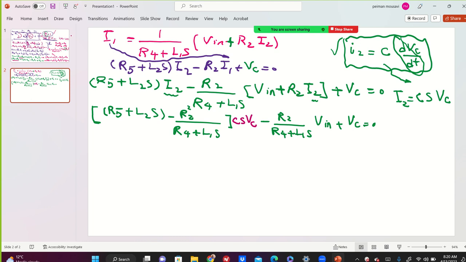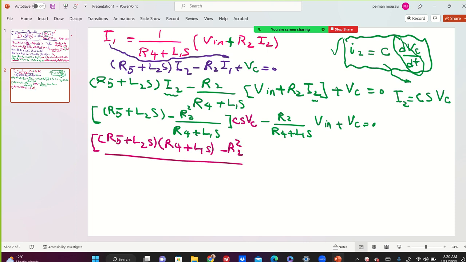So having that, now if I do this, let me first do this. So you're going to have R5 plus L2S multiplied by R4 plus L1S minus R2 squared divided by R4 plus L1S, this multiplied by CSVC.